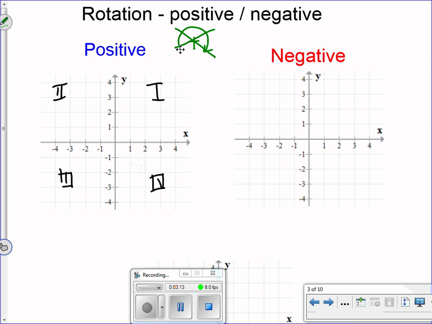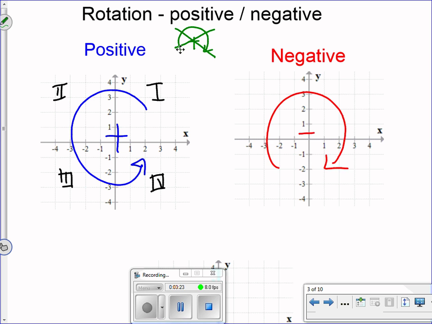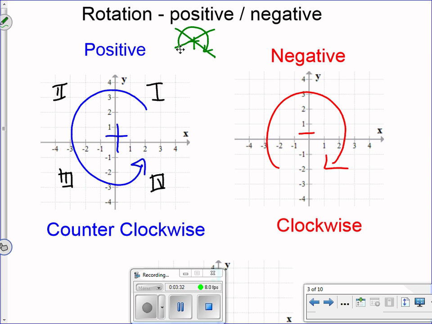Rotating in this direction is a positive rotation because it goes 1, 2, 3, 4. It's going up. If I rotate the other direction, it'd be like 4, 3, 2, 1, descending. So that's the reason why it's the positive direction. In other words, counterclockwise is positive, clockwise is negative. That's probably different than what you expected, but remember, we're working in the world of math, not in the world of time. So that's why it's that way.